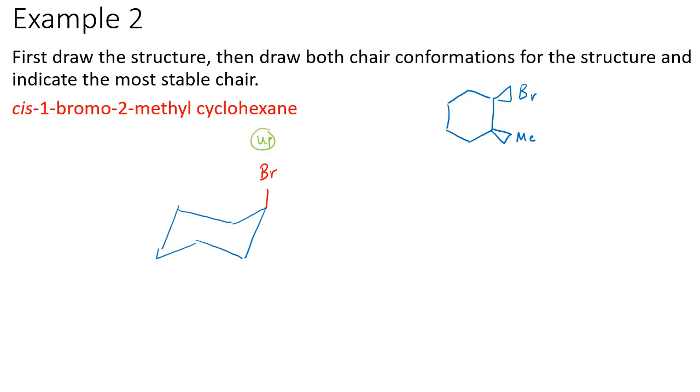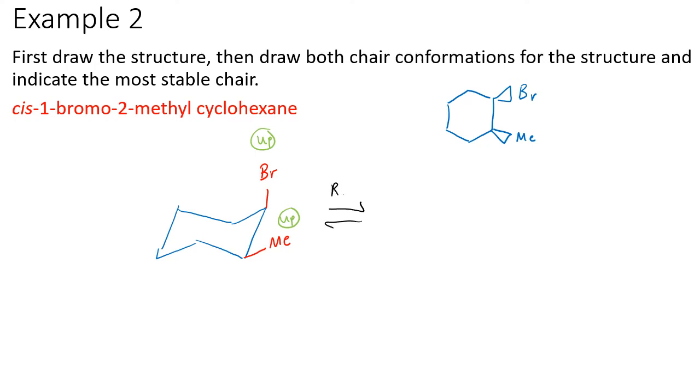So this means my methyl is now going to be equatorial. What would be pointed down would be a hydrogen in that position. So both of these are on the same face of the ring because they're both pointed in the upward position. Last time when we had trans, our methyl was in an axial position pointed down, so it could have been in an opposite face.